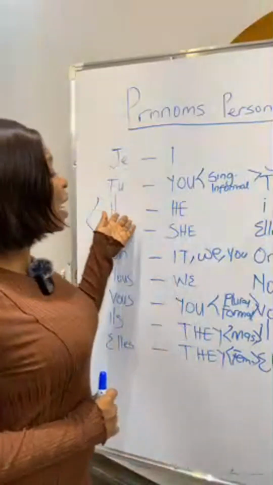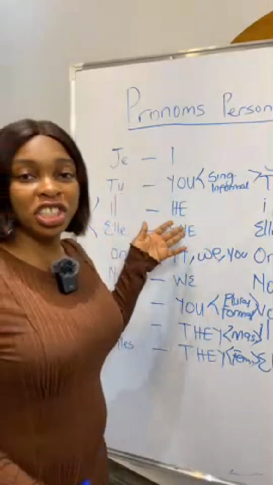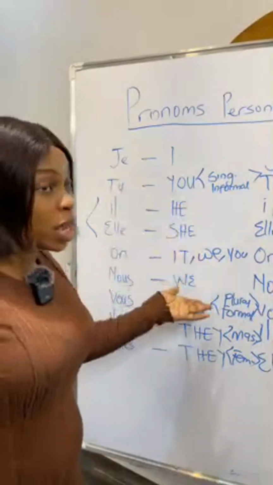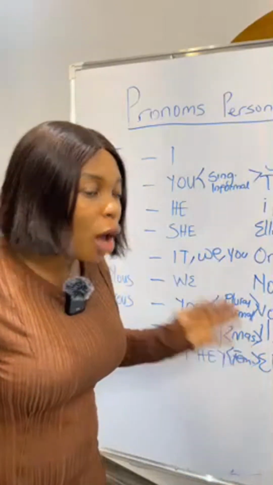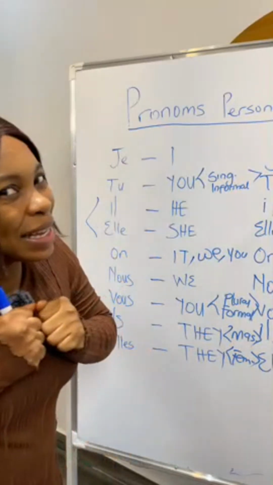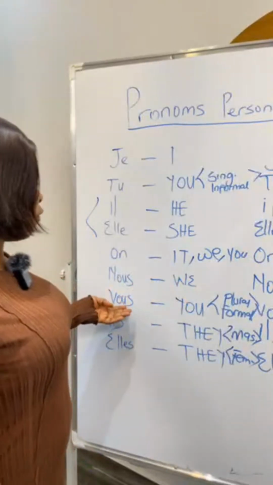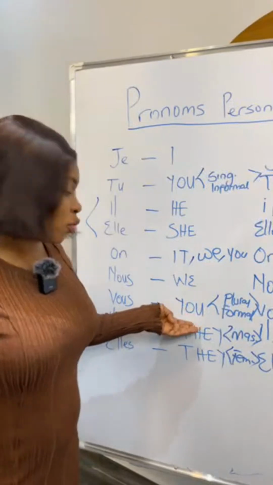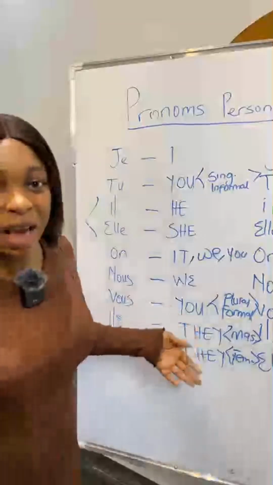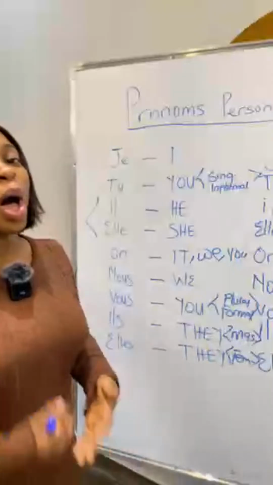And then we have il, he, elle, she, on, it, we, you. Okay. And then we have nous. Don't forget, don't pronounce the S, please. We. Vous. You. Ils, they for masculine. Elles, they for feminine.